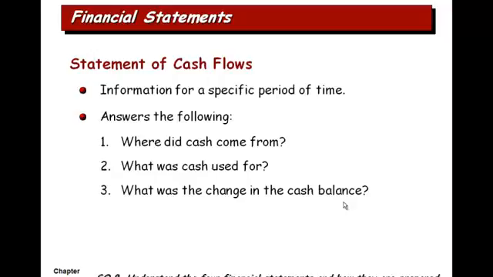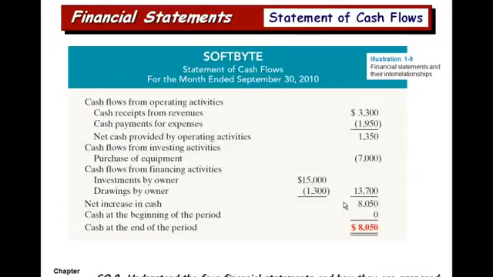The statement of cash flows has information for a specific period of time. It answers questions such as where did the cash come from, what was cash used for, what was the change in the cash balance. And we'll see the cash flow statement has 3 separate activities, which are called operating activities, investing activities, and financing activities.